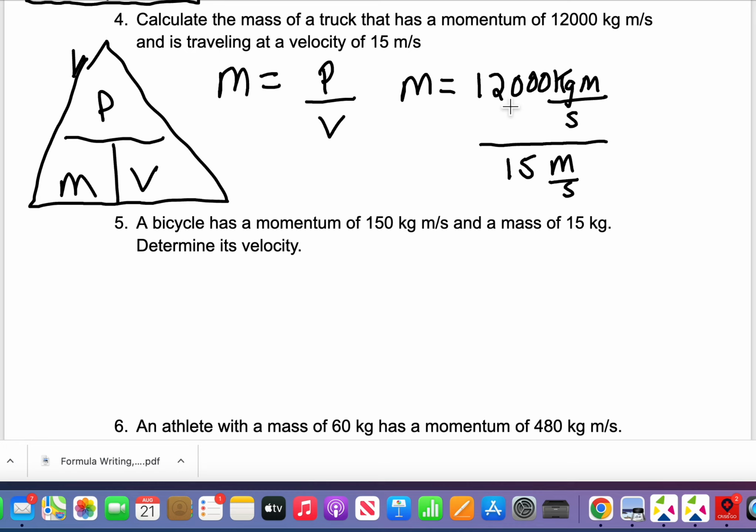I did this ahead of time. So 12,000 divided by 15 is equal to 800. And then if you look, the meters per second cancels out, and it leaves you with the unit of kilograms.